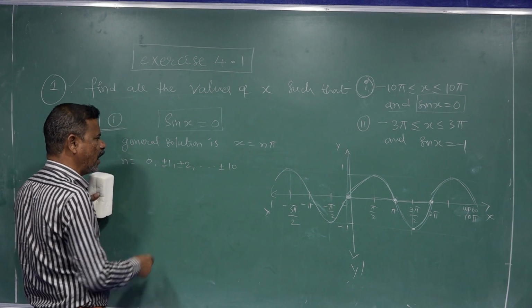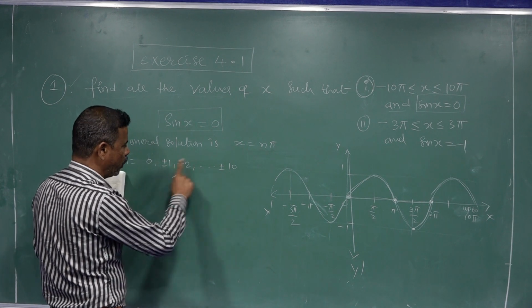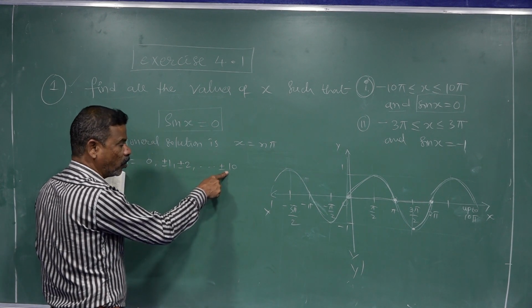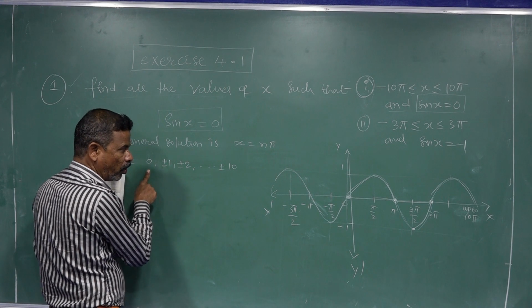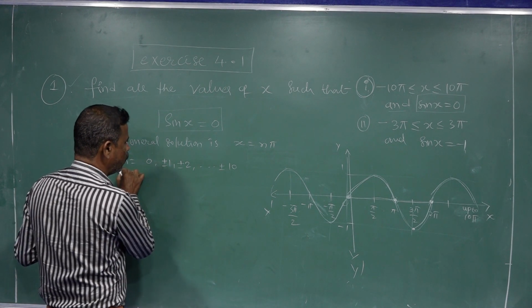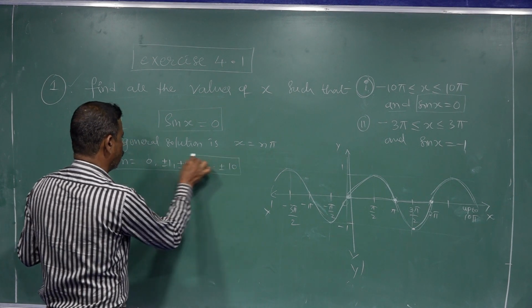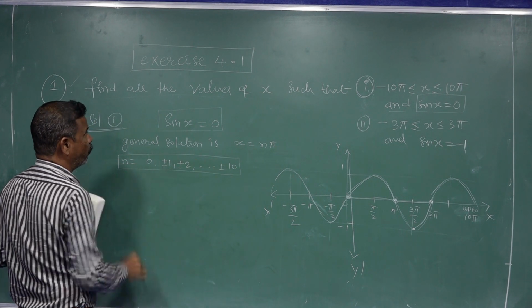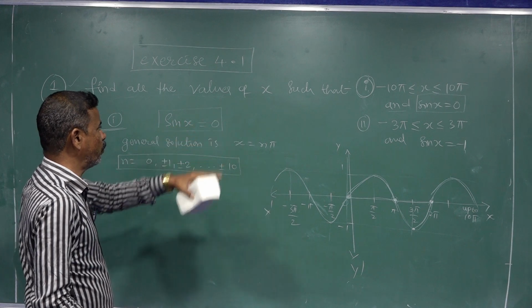How many values are here? 1 to 10, 10 values. Negative values also 10, that is 20 values, and again 0. Total 21 values. So this is the number of values.